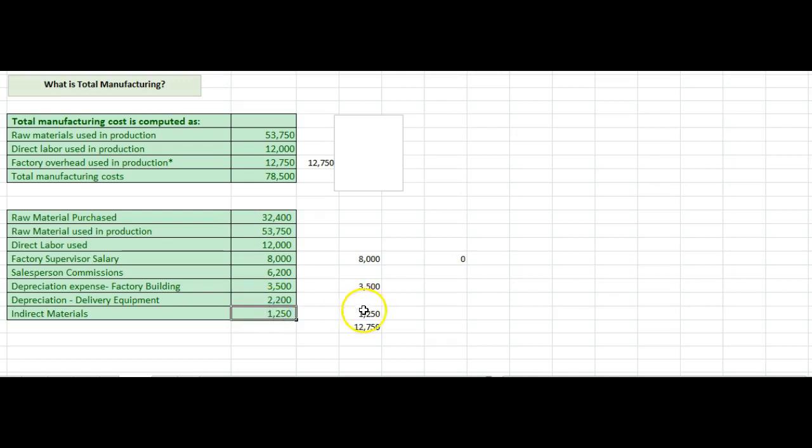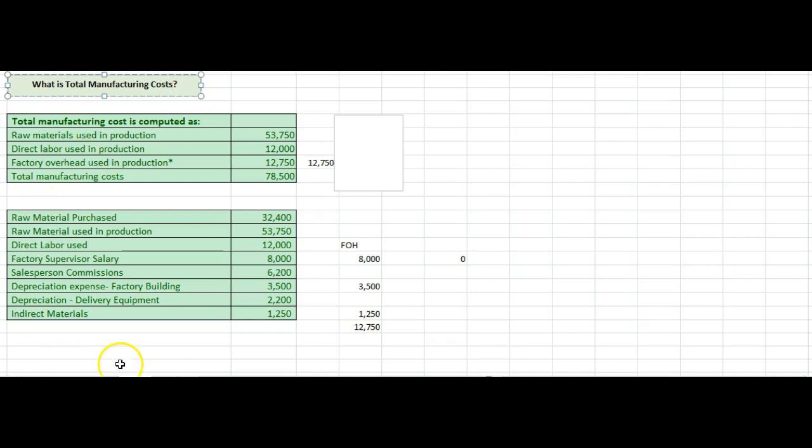And indirect materials is an overhead. So these are all factory overhead costs that you have to consider. So you have a grand total of $12,750. So that's how you would get the total manufacturing costs. You need to change that there for you so you don't get confused.